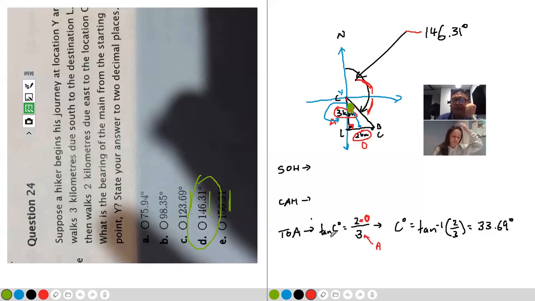So they're the two takeaway points for you. We're finding the angle, not the hypotenuse. So were you looking to use Pythagoras?